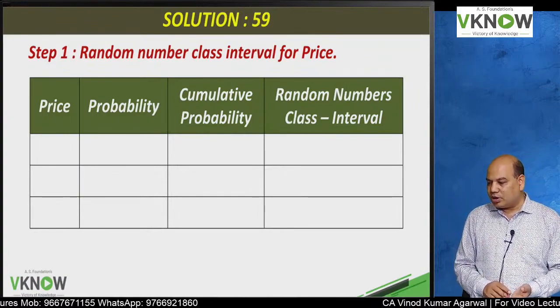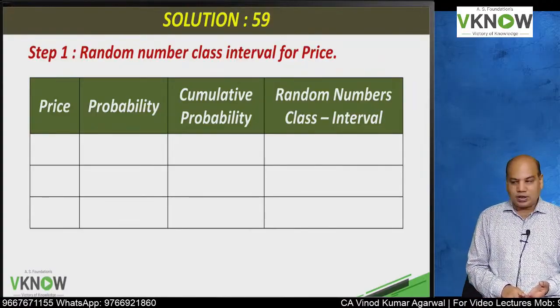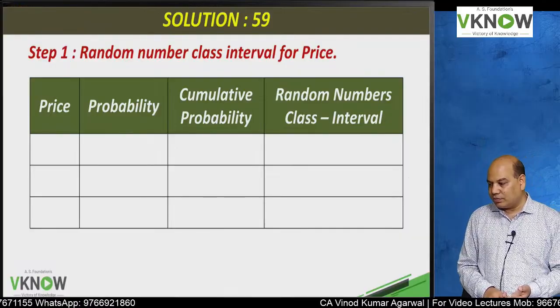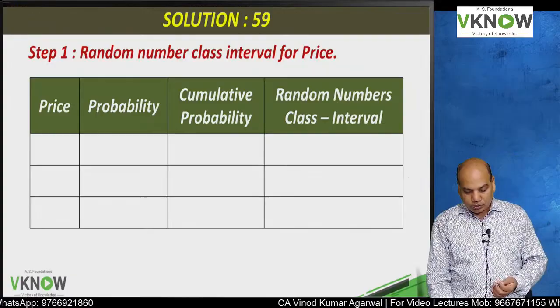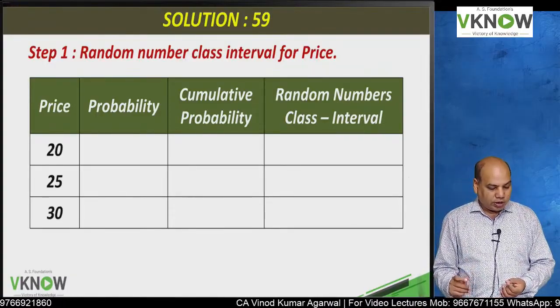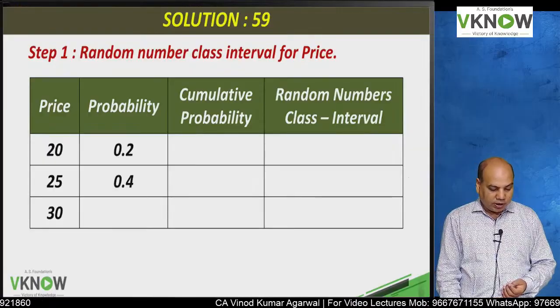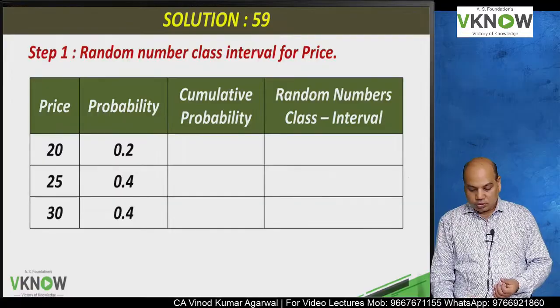Columns: price, probability, cumulative probability, and the last column is random number class interval. So start. Price is given in the question: 20, 25, 30. Probability of price is given as 0.2, 0.4, 0.4.